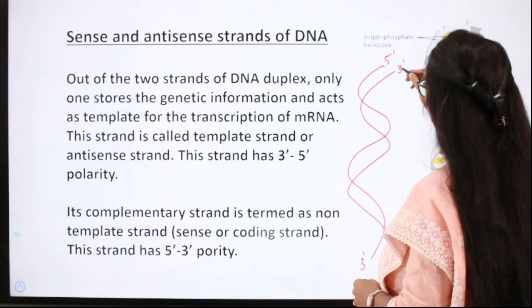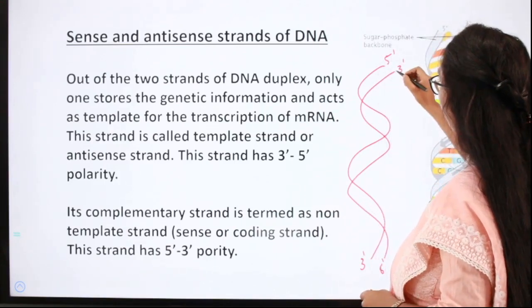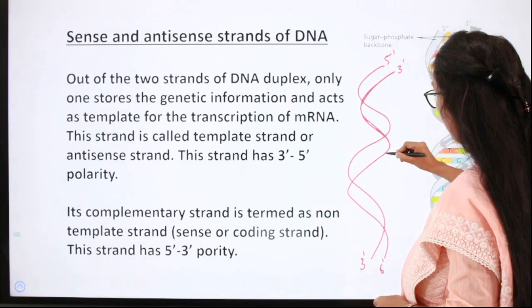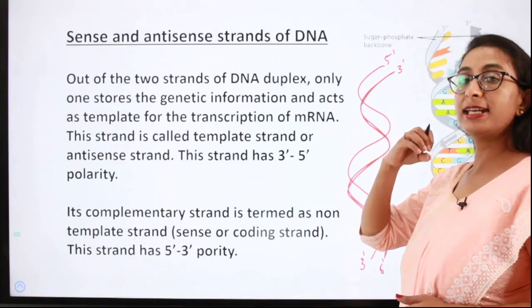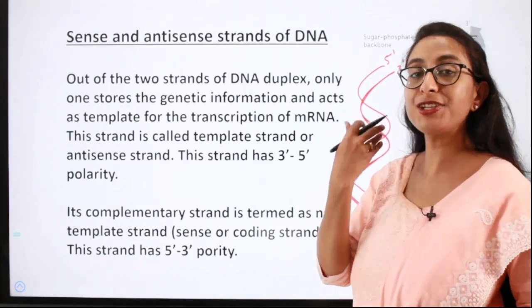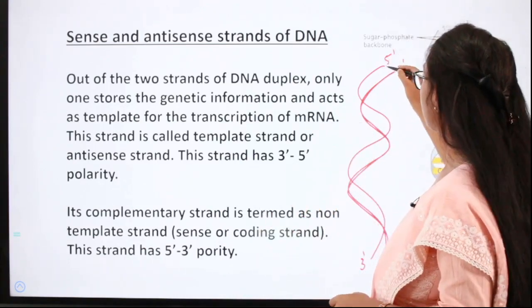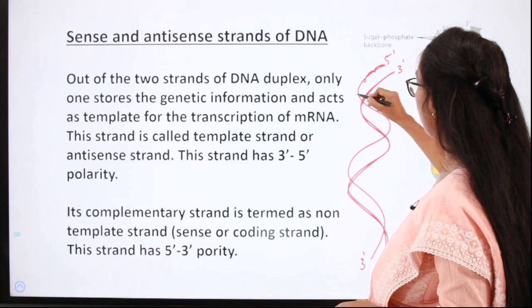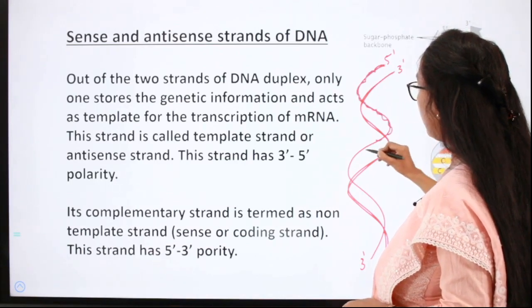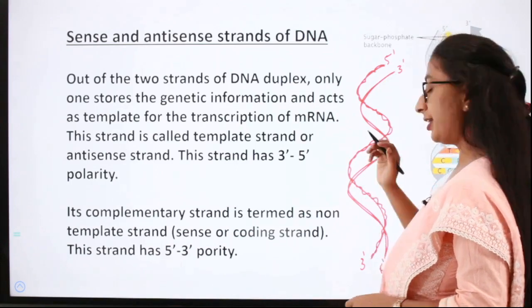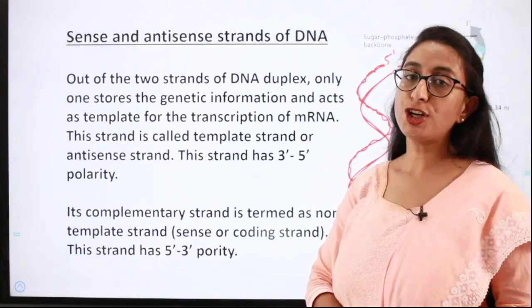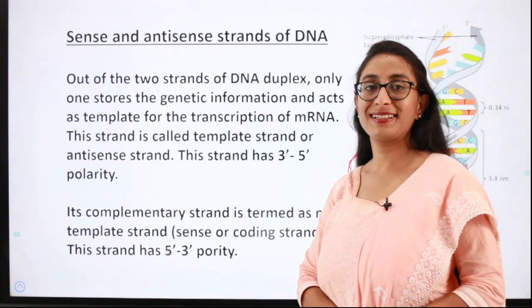So this strand which is running in the 3' to 5' direction is the antisense strand, and this is the strand which contains the genetic information which needs to be transcribed. Whereas the other strand is the sense strand, does not contain any genetic information, and it is not transcribed during transcription.